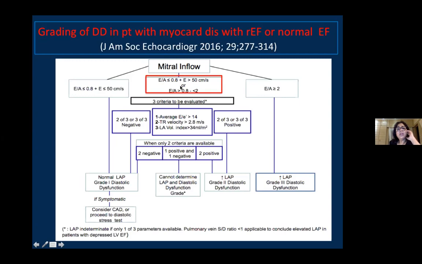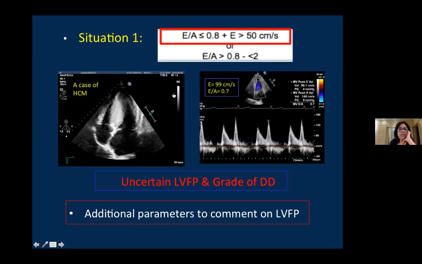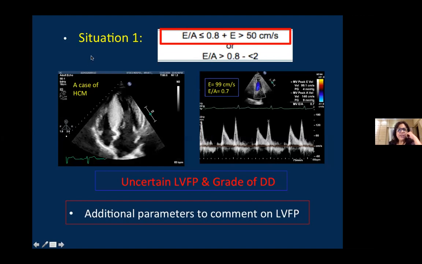Here in this pattern, E wave is more than 50 centimeter per second, or E/A ratio is more than 0.8 but less than 2. So there may be two situations. One is this, another is this. In these two situations, we cannot comment on the grade of diastolic dysfunction by looking only at the mitral inflow.